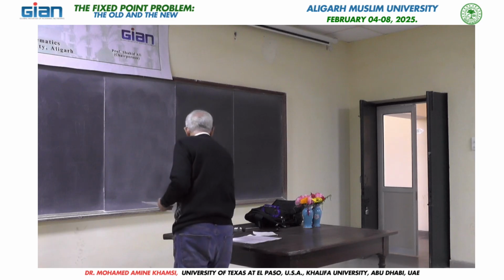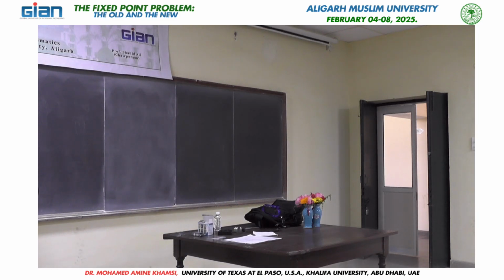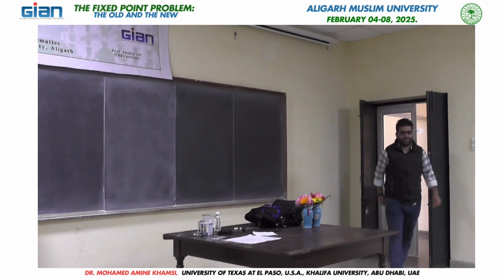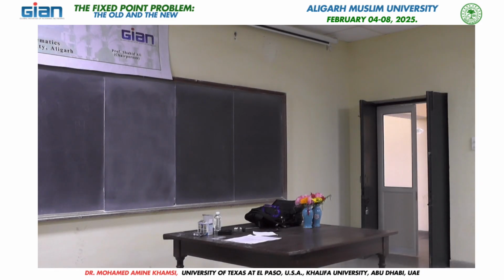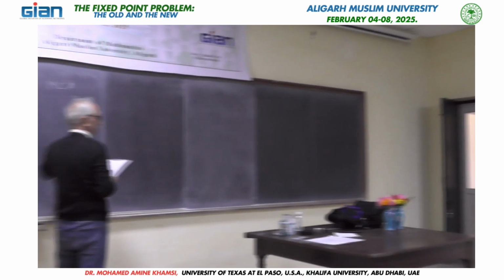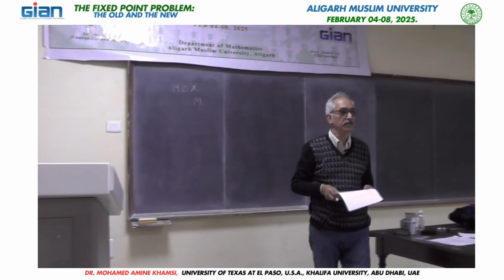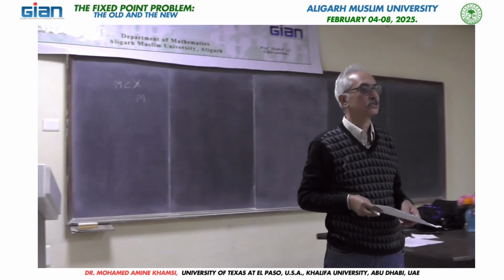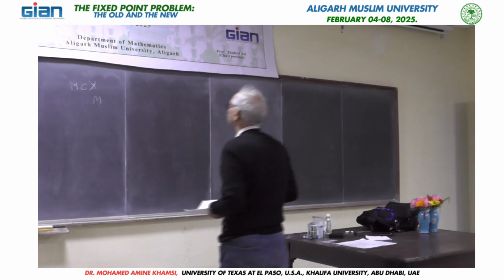So, as you know, what do you mean by a fixed point? You have a space X and then there is a set M. Usually the space X will be a Banach space, and this M will be a closed subset or subspace of that.